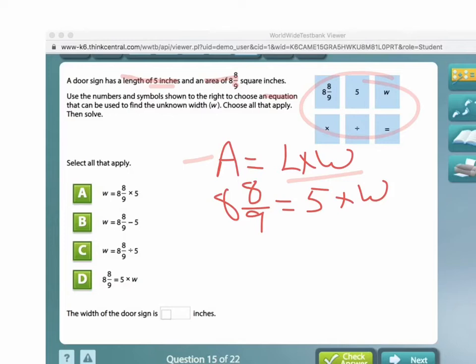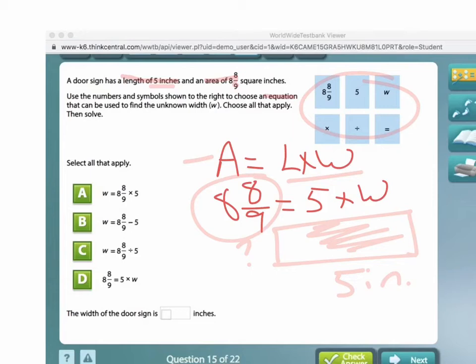So if the length of the door is 5 inches, and the area, the inside space here, is 8 8/9, we don't know the width. So area, which we know, is equal to 5 times some unknown width.